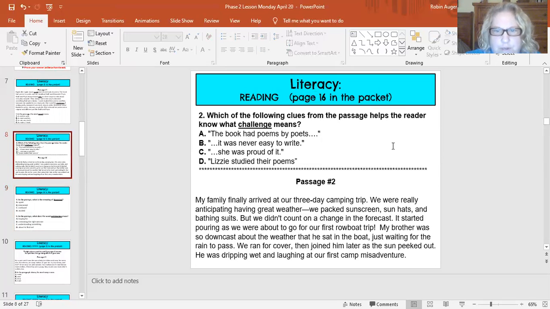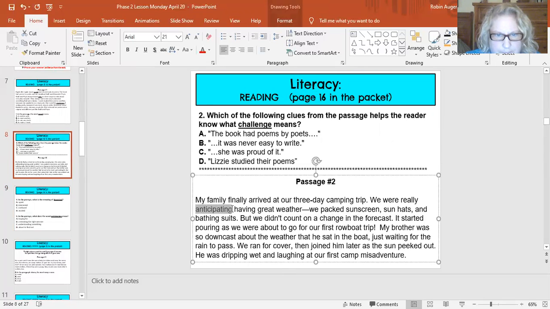And actually, I want to underline downpour. Whoops, where is it here? It is anticipating. Okay, my brother was so downcast. That was the other word that we had to be thinking about. Okay. All right, so now we're ready.